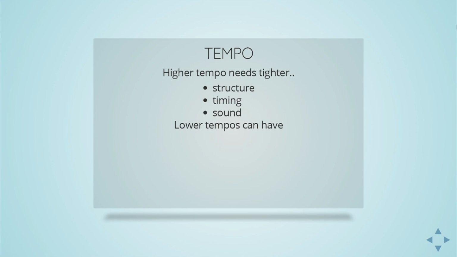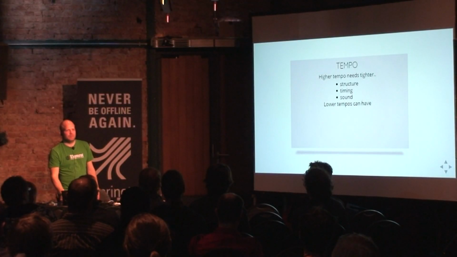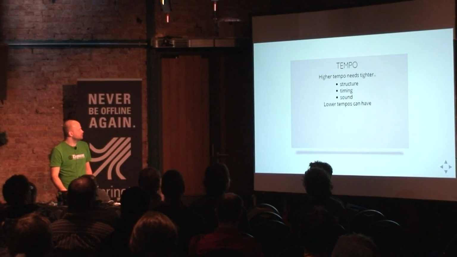So if you're doing a really slow hip-hop track, then you basically don't need to do much with the sound at all, because there's so much time between each hit that if one of them, like a cymbal, has this weird overtone or some ringing, it still happens once every 2 seconds. And nobody really cares. If you have the same hi-hat 4 times per second, then it'll be more like a constant ringing in people's ears, and it's unpleasant.